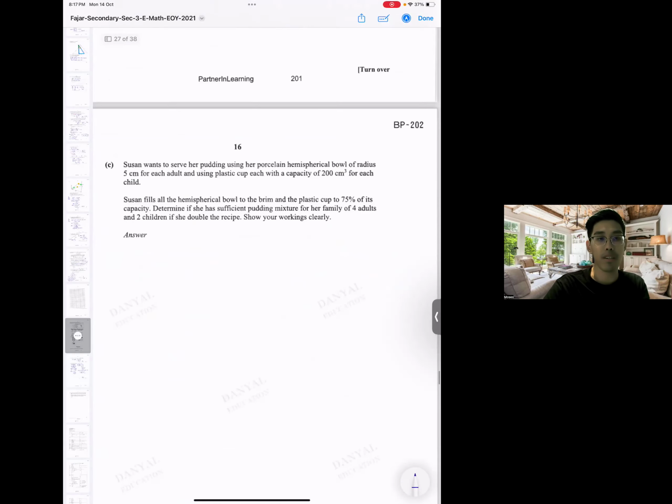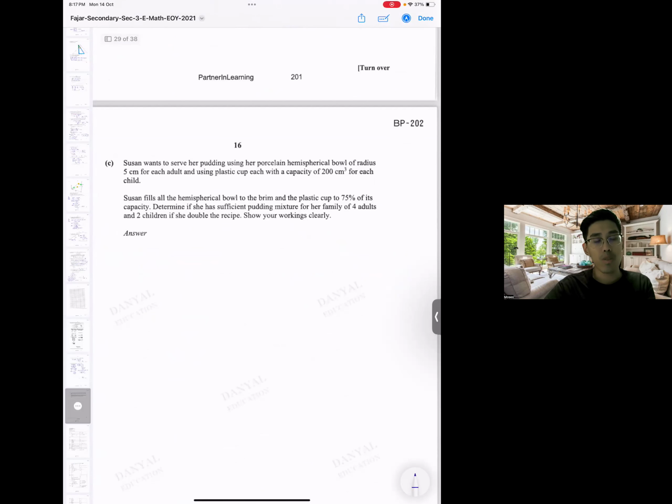Okay, last 4 marks. Susan wants to serve her pudding using a porcelain hemisphere bowl of radius 5 cm for each adult, and using a plastic cup of 200 cm cube for each child. She wants to fill the bowls to the brim, and the plastic cup to 75%. Determine if she has sufficient pudding mixture for her family of 4 adults and 2 children. Fair enough.